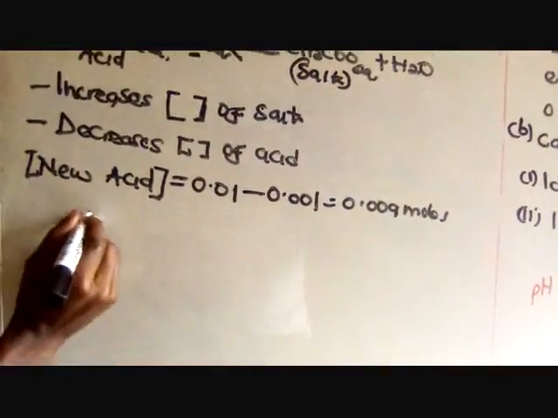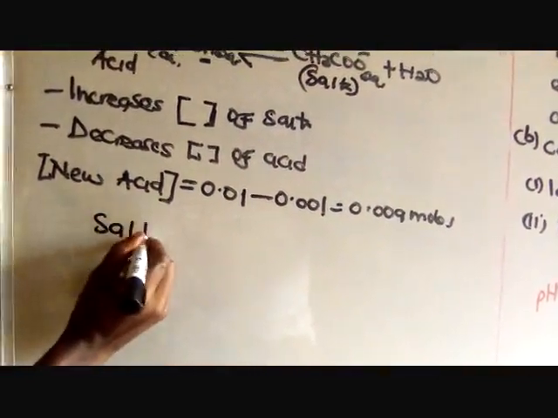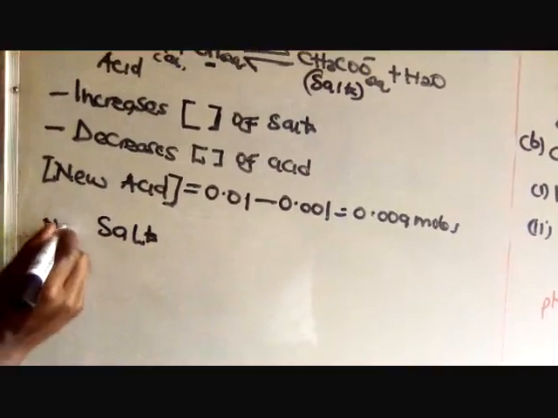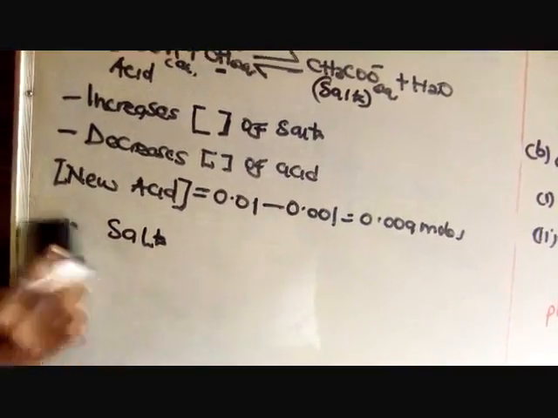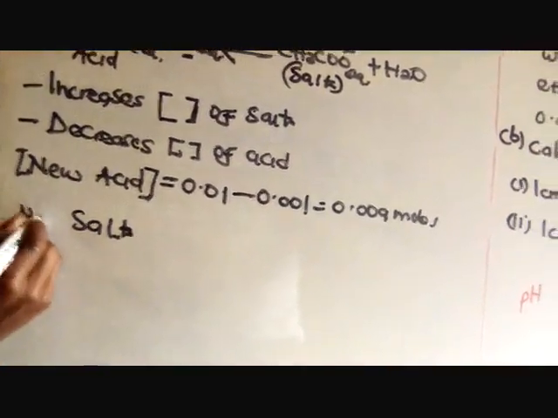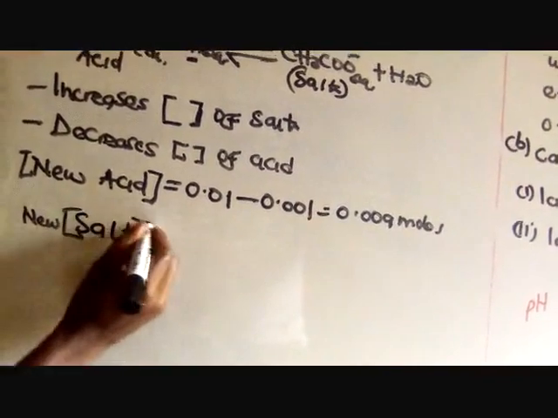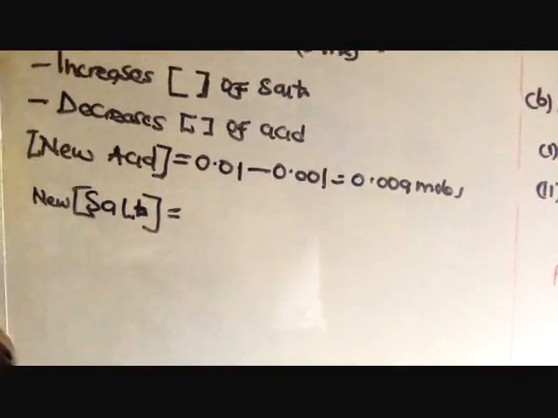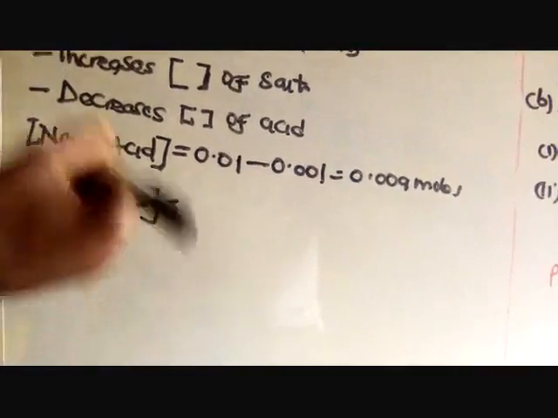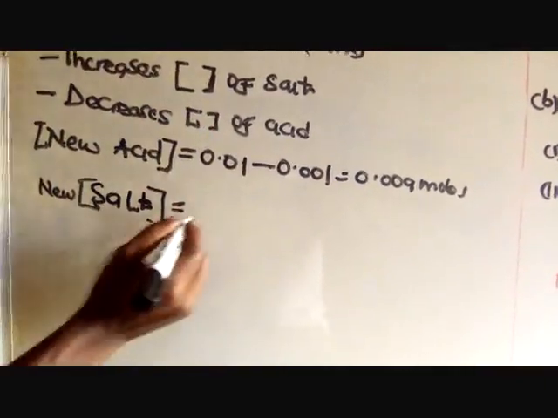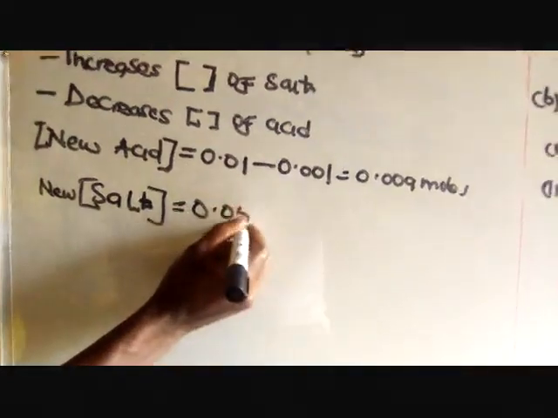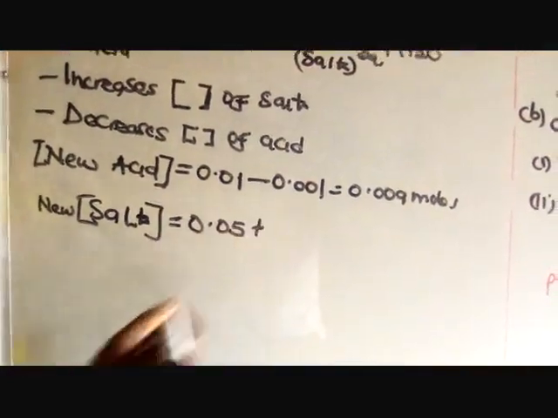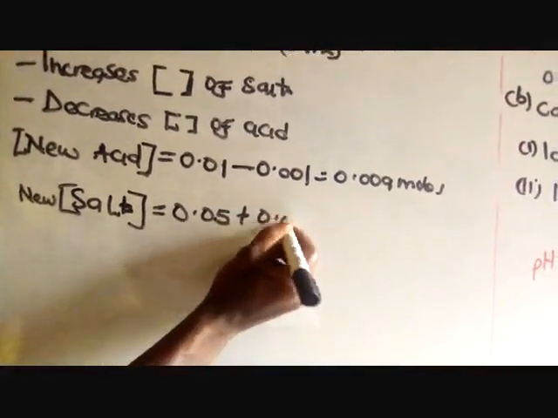Then we also have to find the new concentration of the salt. This one is going to be equivalent to the original concentration of the salt which we got in part A, which was 0.05, plus the concentration of the hydroxyl ion.